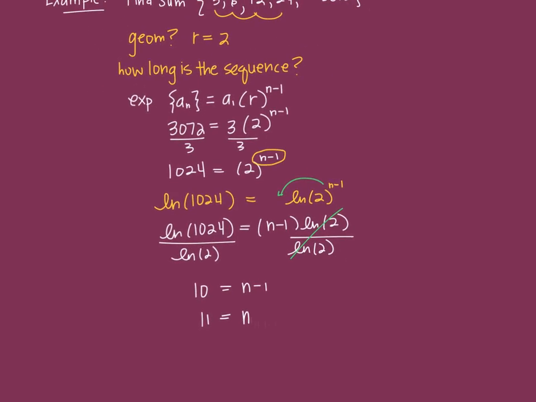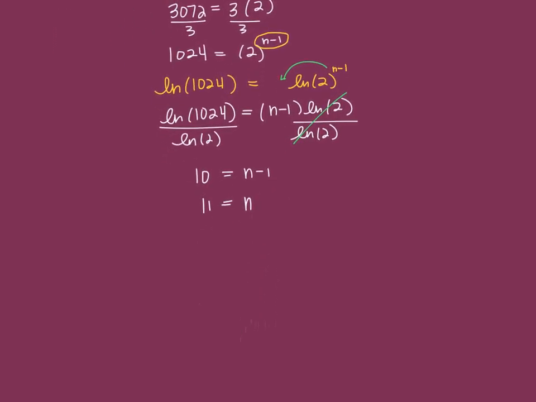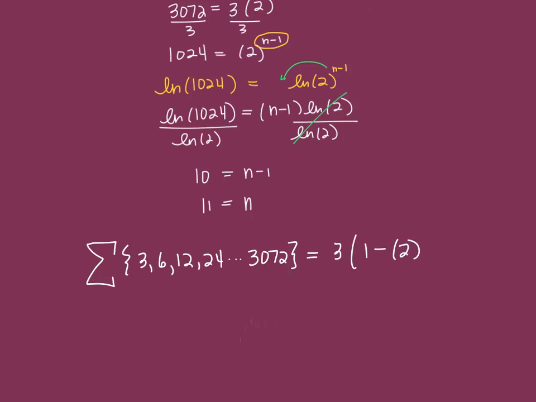Now that we know n, now we can find the sum of the sequence. So the sum of the sequence that starts with 3, 6, 12, 24, and goes all the way up to 3072, according to the formula, the sum would be the first term, times parentheses 1 minus 2 to the 11th, because that's how long this is, divided by 1 minus 2.